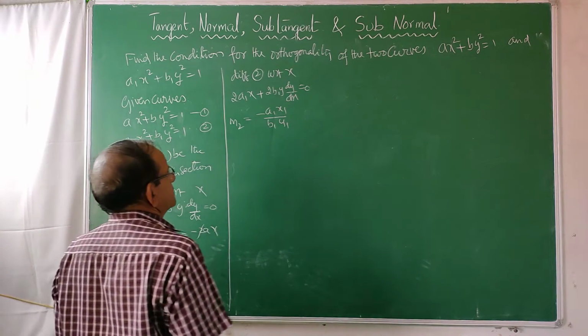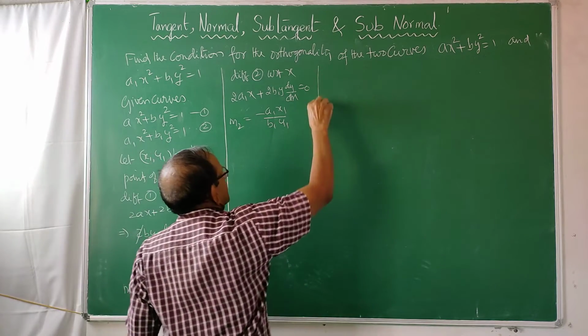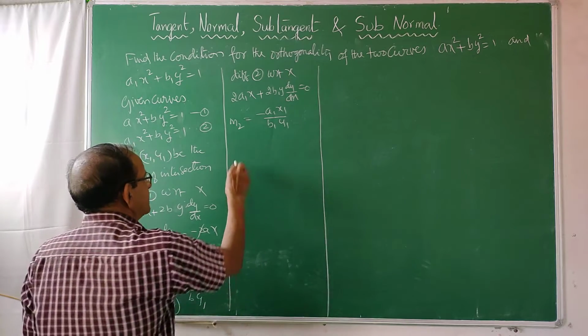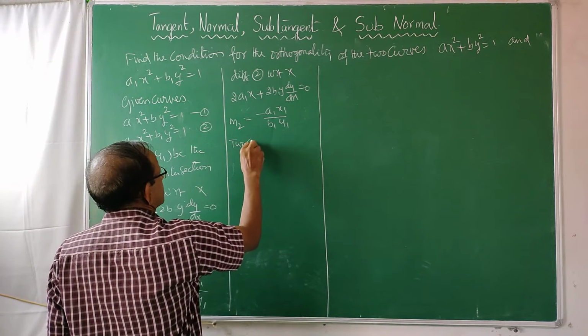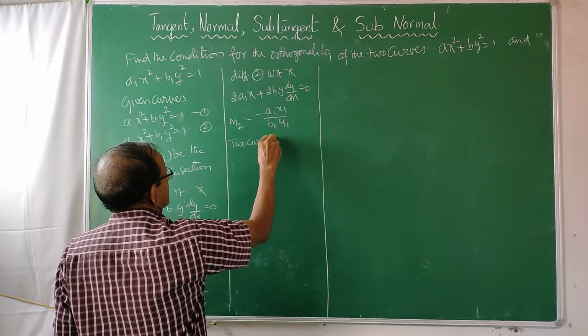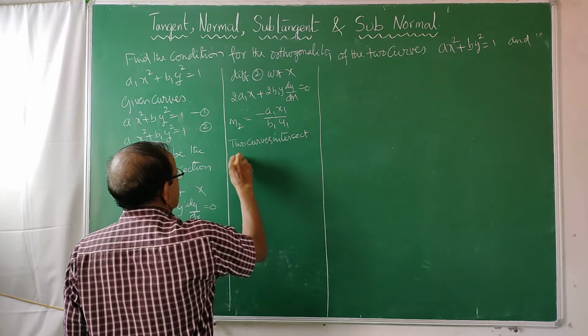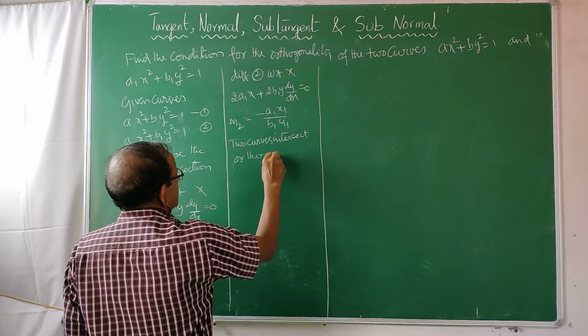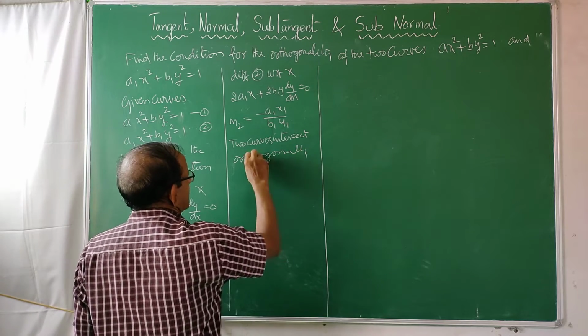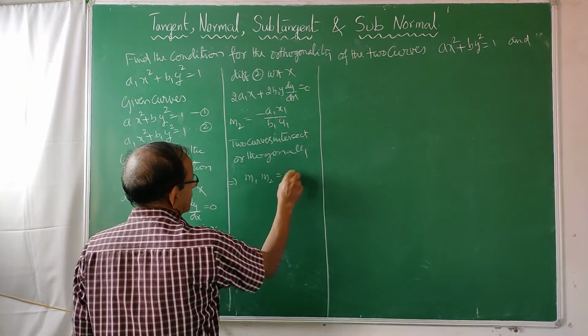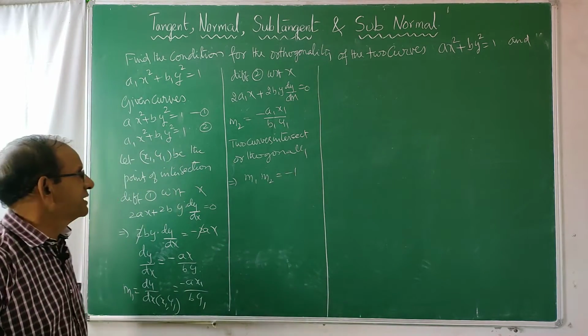But these two curves are intersecting orthogonally. What is the condition? m1 into m2 must be minus 1.